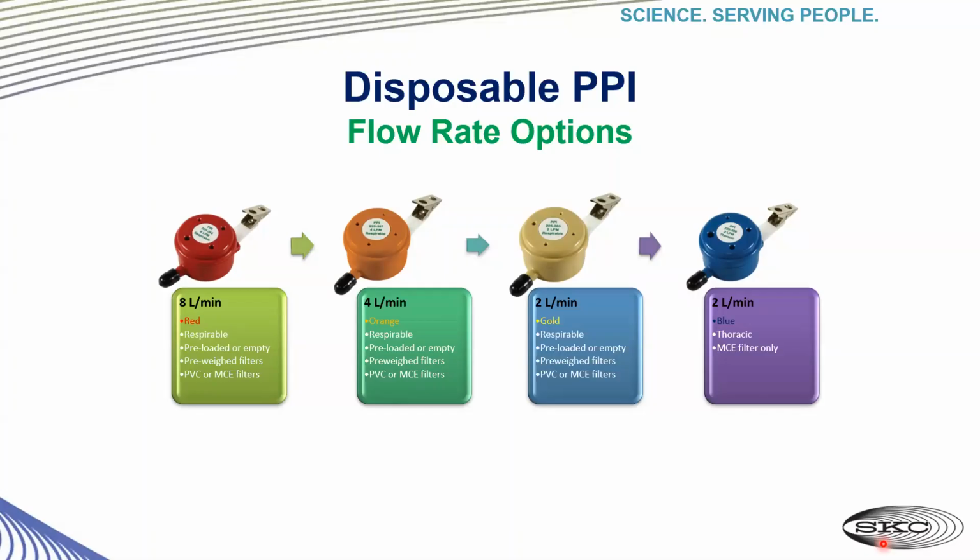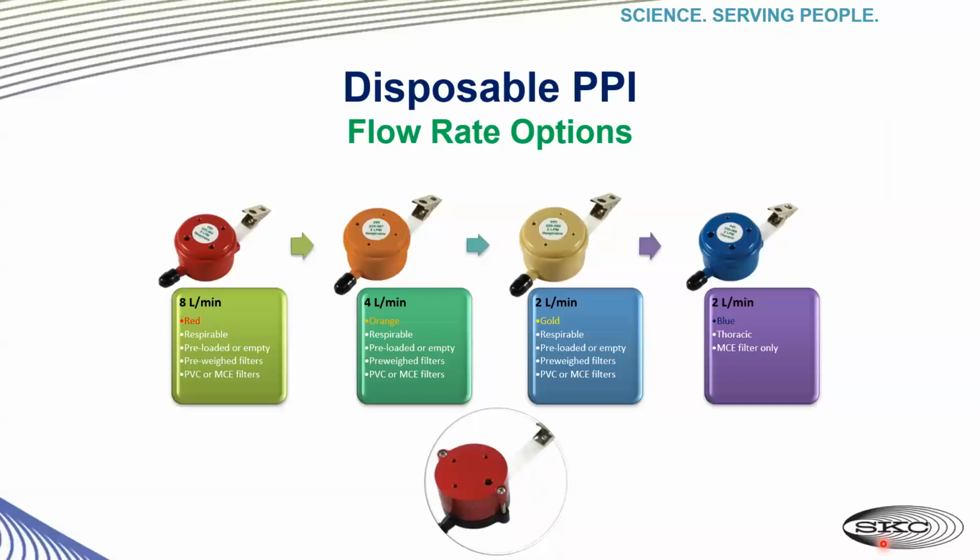All of the respirable samplers are offered empty, meaning we ship them to you without a filter for those that may want to load them themselves. We also offer it preloaded with a standard PVC or even an MCE filter, depending on your application, or pre-weighed with PVC filters. Now, the thoracic PPI is only offered with the MCE filter.